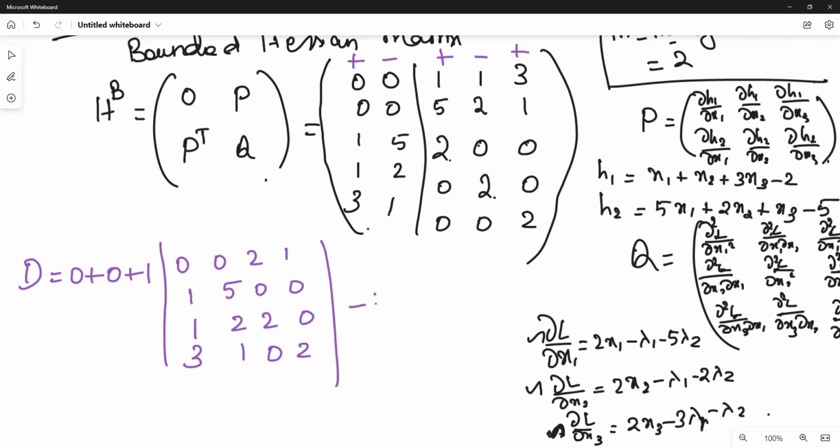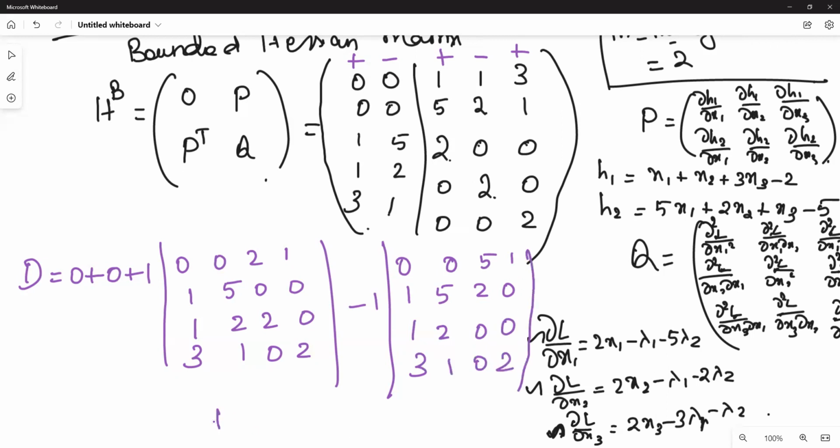Next, minus 1, deleting the corresponding row and column, the determinant of 0, 0, 5, 1, 1, 5, 2, 0, 1, 2, 0, 0, 3, 1, 0, 2.